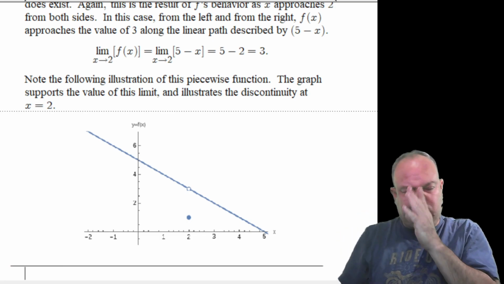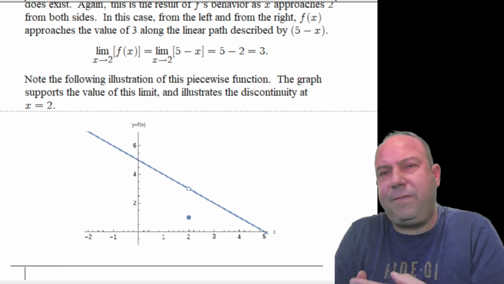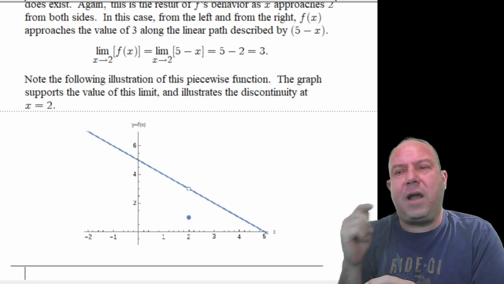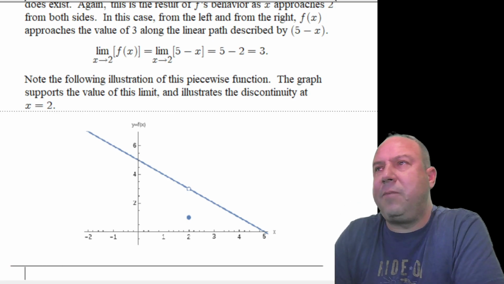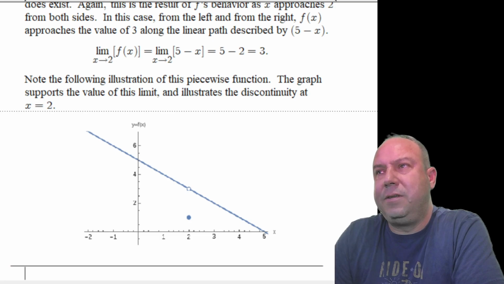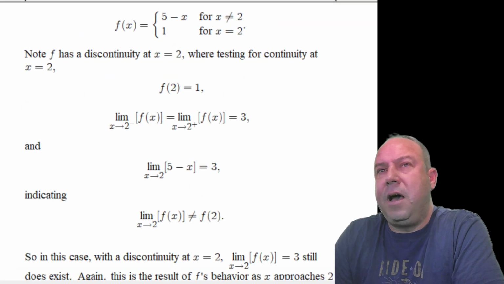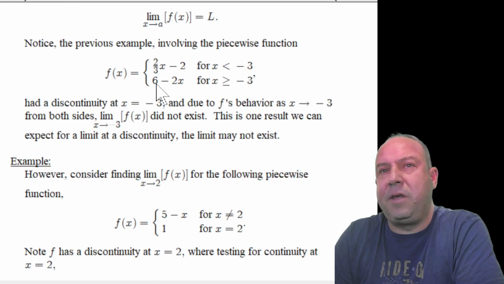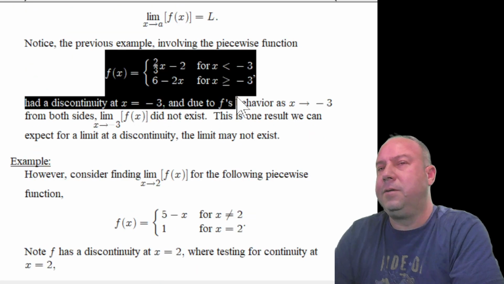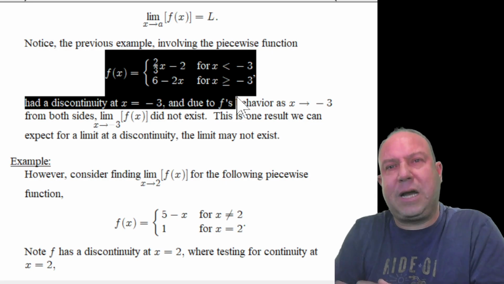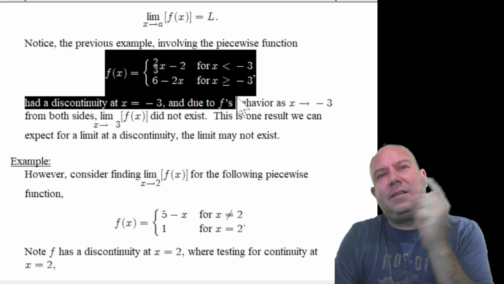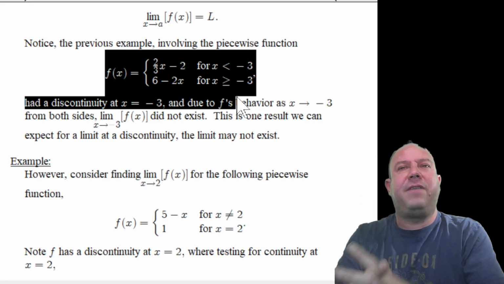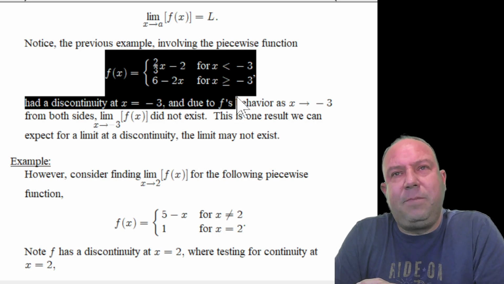Right? As we had said, our test for continuity can fail when the left and the right-hand side approach don't give the exact same result. Right? That was this first example up here, this example that was in our last set of notes. Our test for continuity can fail because the left and the right-hand side values don't give the same result.